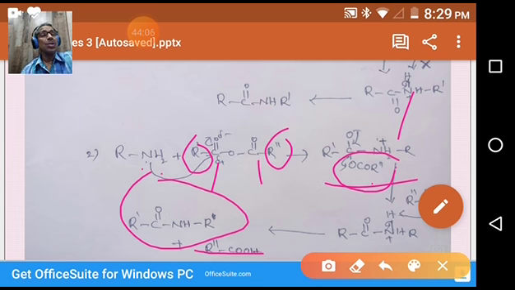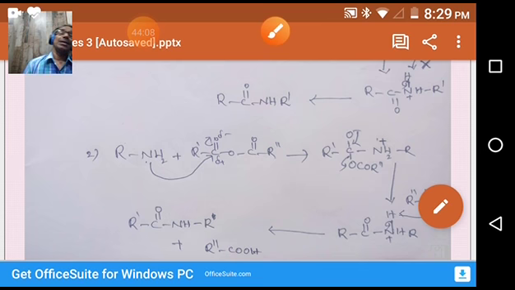So this is also similar to alkylation. In alkylation, the amine nitrogen attacks the alkyl carbon of alkyl halides.